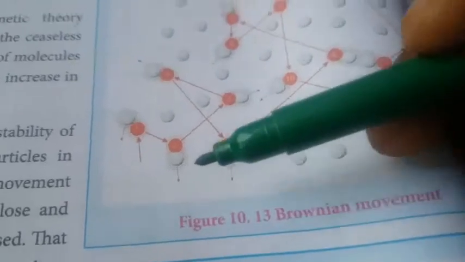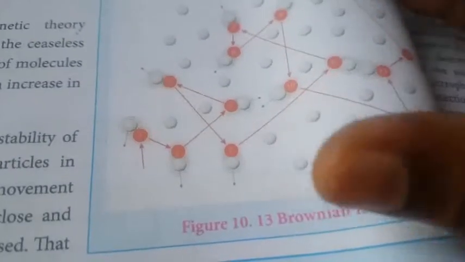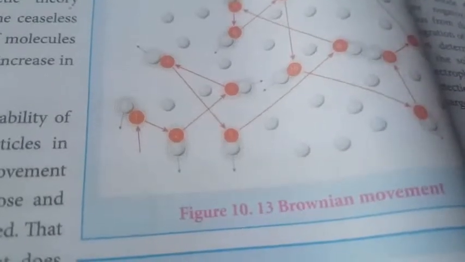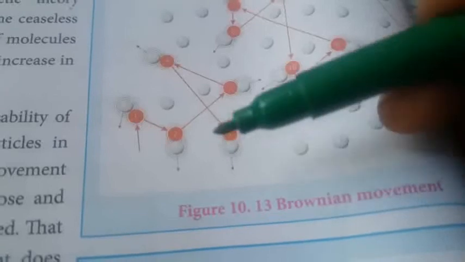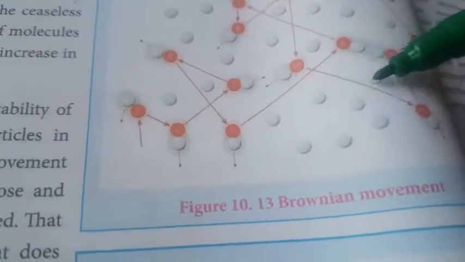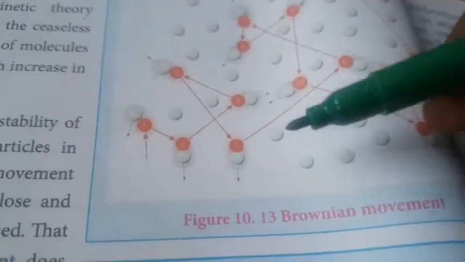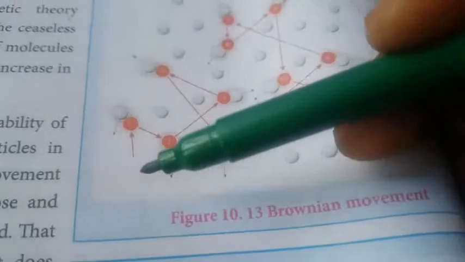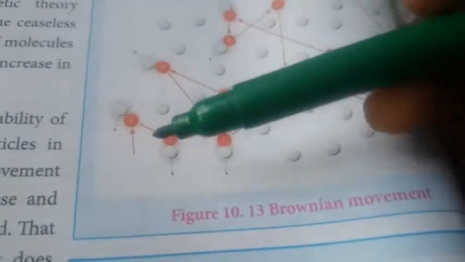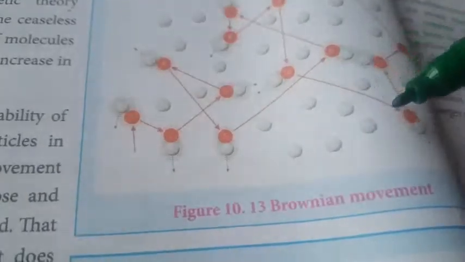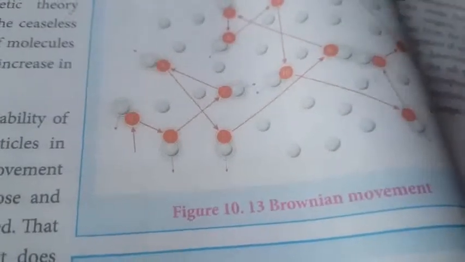So the Brownian movement does not allow the particles to be acted on by the force of gravity. What is Brownian movement? It is a random, continuous, zigzag, non-stop movement.